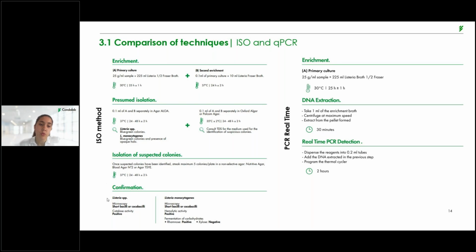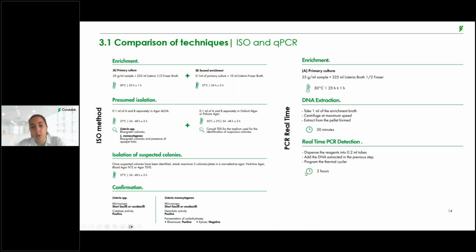And then we will move to the confirmation step. This we will do with microscopy or with biochemistry techniques. For Listeria spp with microscopy or a positive catalase activity, and for Listeria mono microscopy or a hemolytic activity that has to be positive.